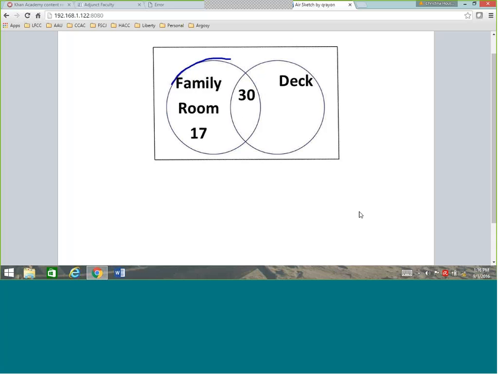So if I look at my family room circle, I notice that 17 plus 30 is 47, and I have the 47 houses that I need. Notice I did not write the number 47 anywhere in my diagram. That's a common mistake, so that's one of the things we're going to take a look at. But what's important here is that in my family room circle, I have a total of 47 houses.